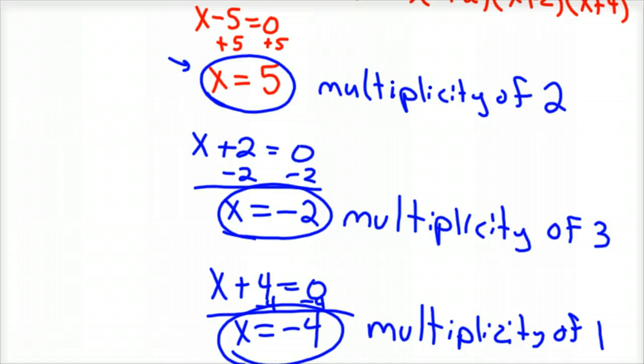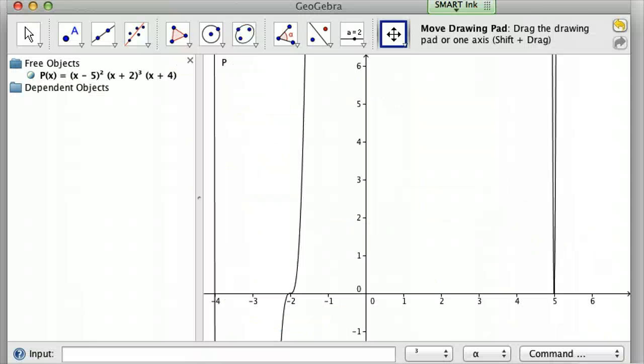Now, why do we call them zeros? Because that's what would produce 0 in the function, and they're also your x-intercepts. So it's good to take a look at the graph. Here's the graph in GeoGebra.